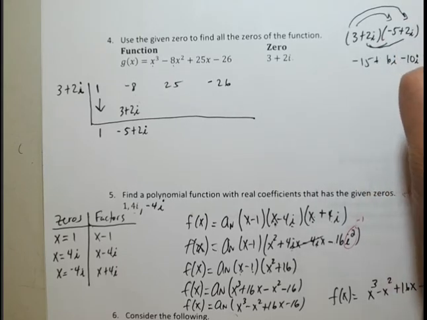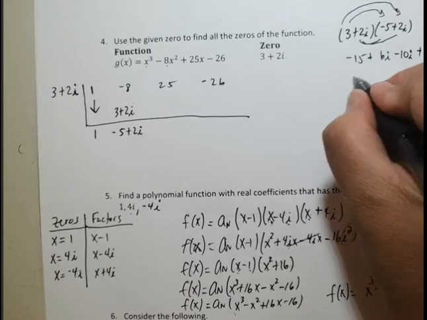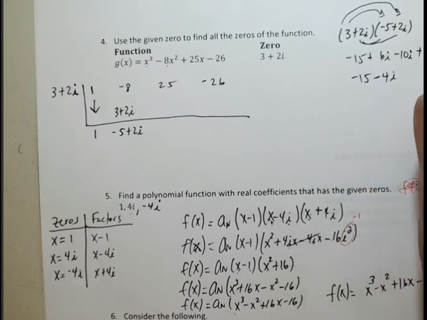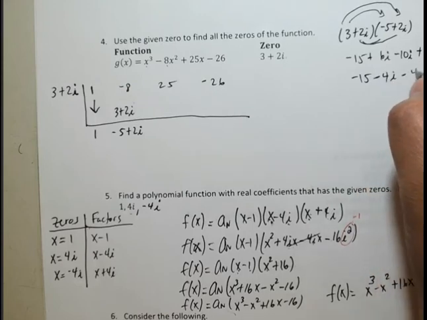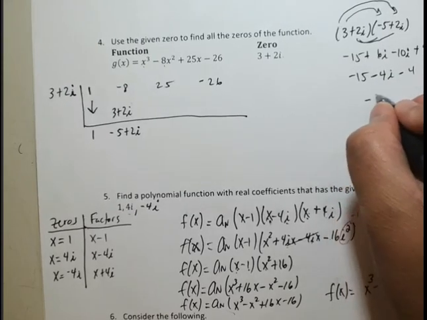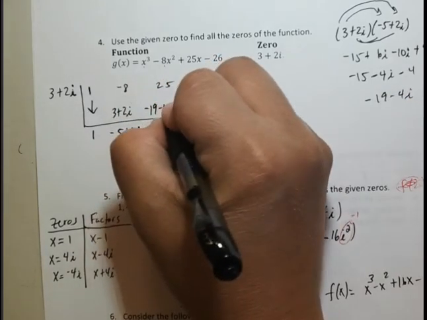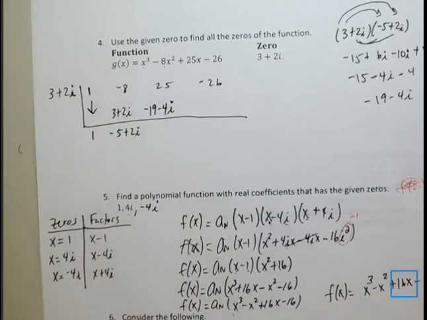And positive 4i squared. 6i and negative 10i is negative 4i. This is going to be a minus 4. So we get negative 19 minus 4i. Any questions so far?